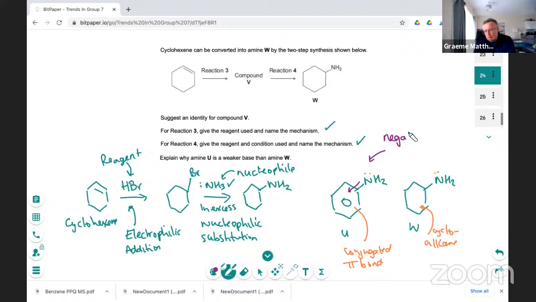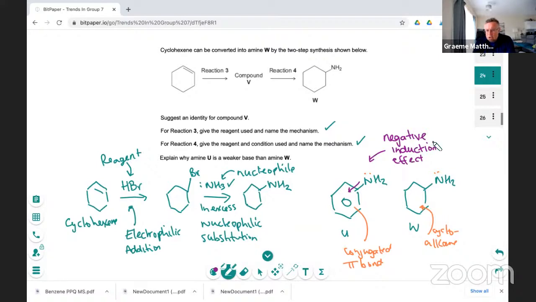Remember, in year 12, you did the positive induction effect and the negative induction effect. The positive induction effect was when electrons flowed from an alkyl group to the carbocation, like when you're talking about primary, secondary, tertiary carbocations.